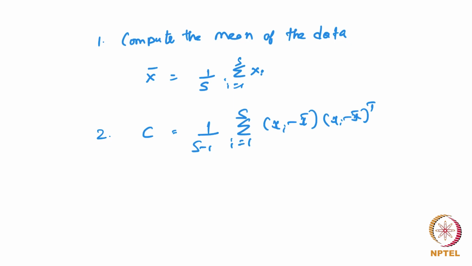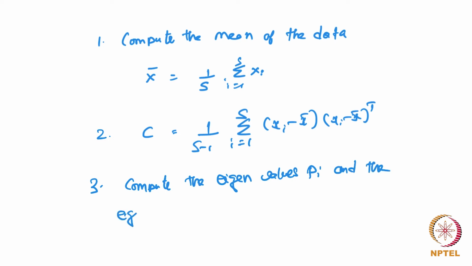Now the third step is to compute the eigenvalues lambda i and the eigenvectors p i of the C matrix. This is the calculation that you have to do.